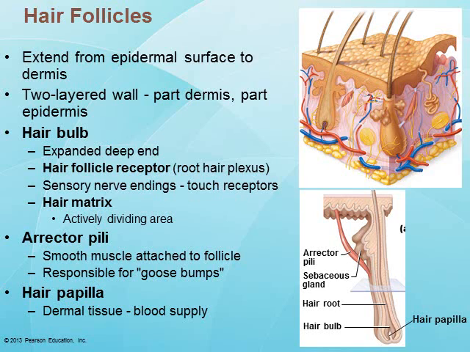When you look at the hair here, the part outside our skin is the hair shaft, and the part inside our skin has an enlarged end. If you have your own hair in your hand, you can see it has a large enlarged end.